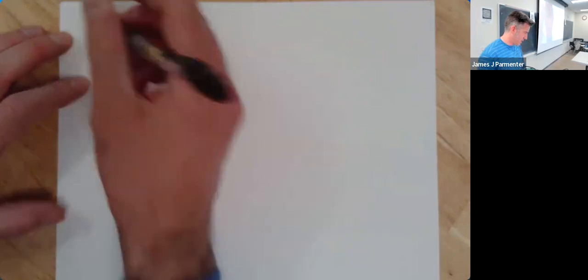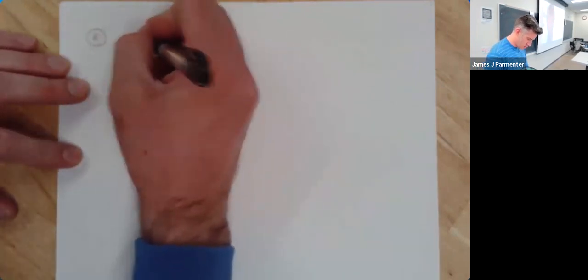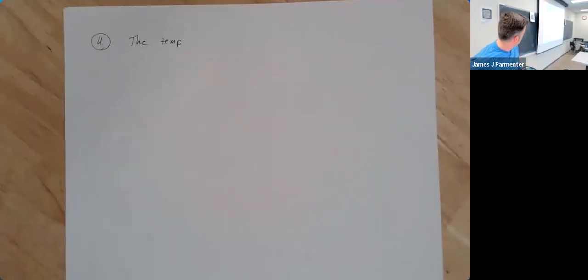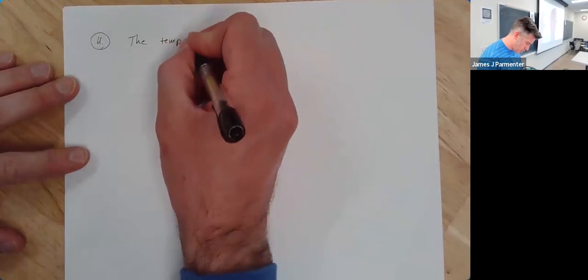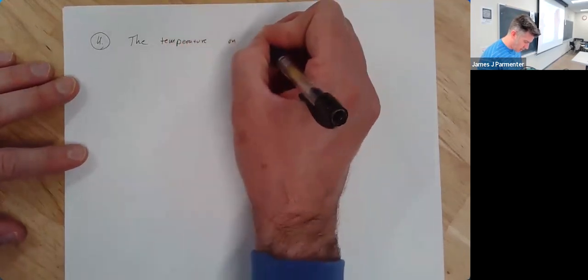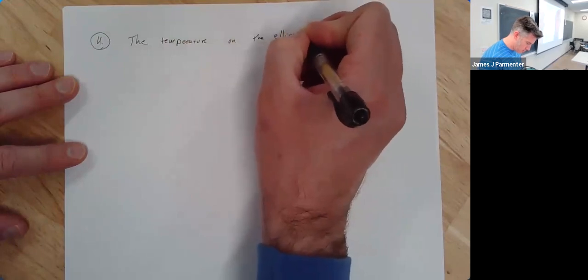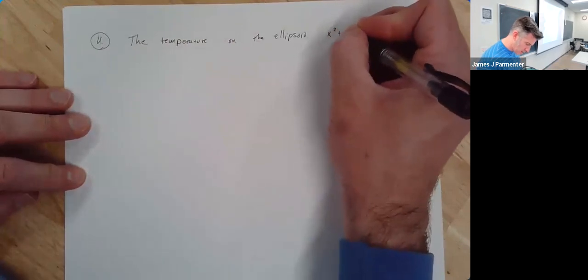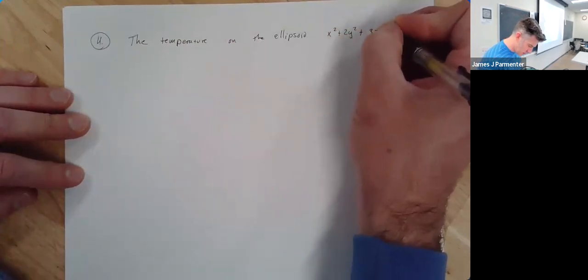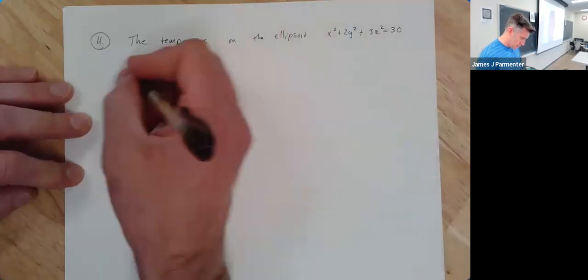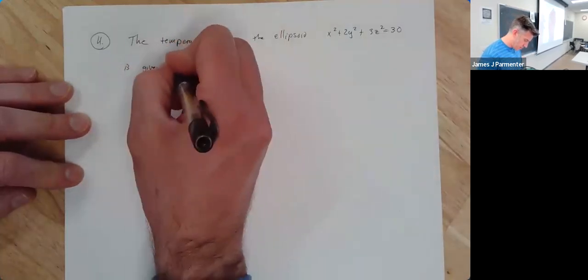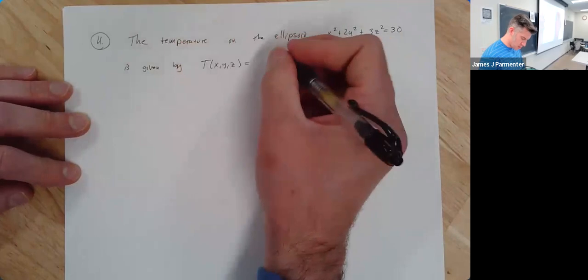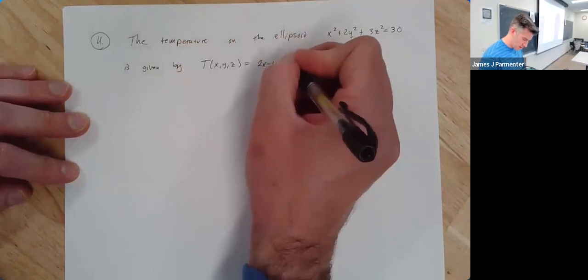All right, so here's the setup. The temperature on the ellipsoid, which is just like a 3-dimensional ellipse, x² + 2y² + 3z² = 30, is given by the function T(x, y, z) = 2x − y − 3z.